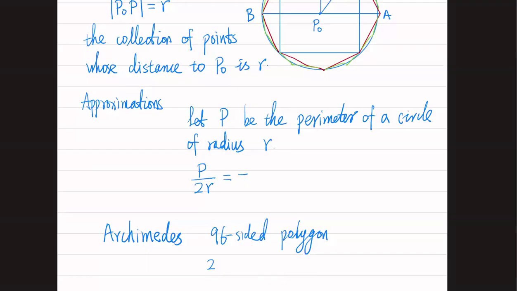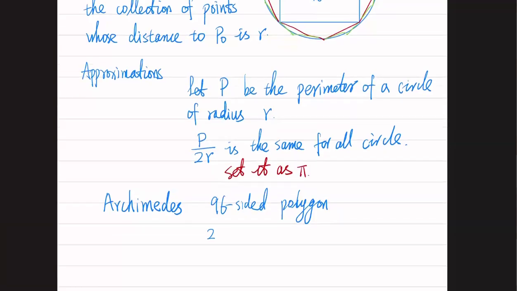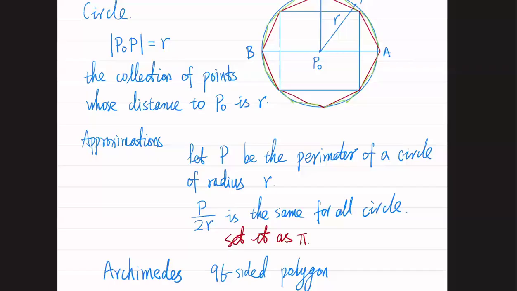So the mathematicians want to find the exact value of pi using this method.